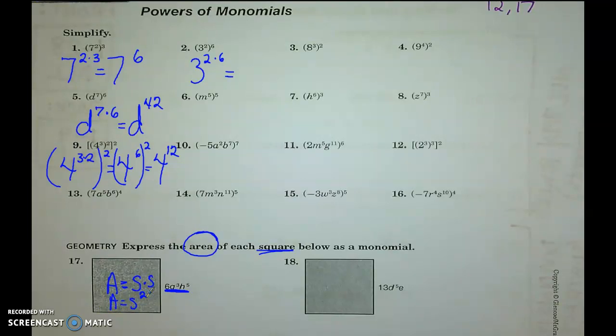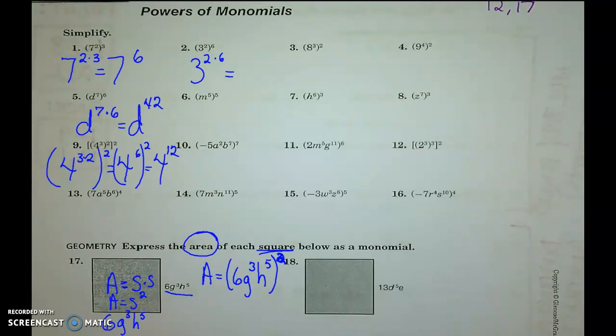Okay, so if this side equals 6g to the 3rd times h to the 5th, then this is going to equal 6g to the 3rd, h to the 5th. So that means that area is going to equal 6g to the 3rd, h to the 5th, all of this raised to the 2nd power.